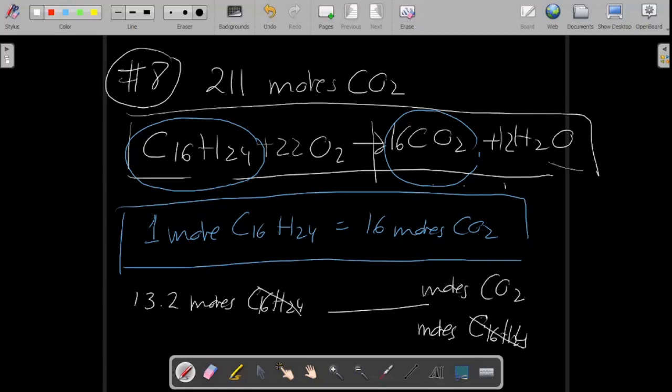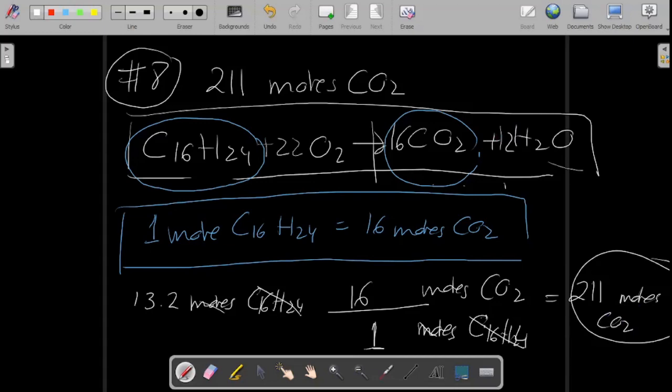Goodbye to this. How are they related? According to our table right here, 1 mole of this molecule will produce 16 moles of carbon dioxide. Just make sure that the numbers go with the right molecules. Then in the calculator, 13.2 multiplied by 16 divided by 1 is 211 moles of carbon dioxide, which needs to be your answer. So that's how it's done.